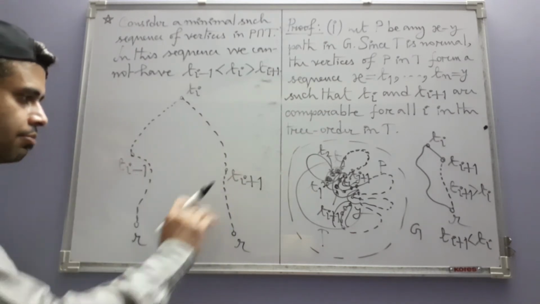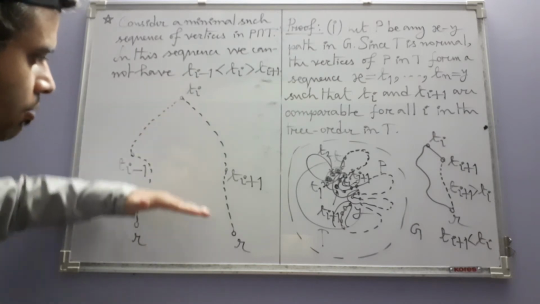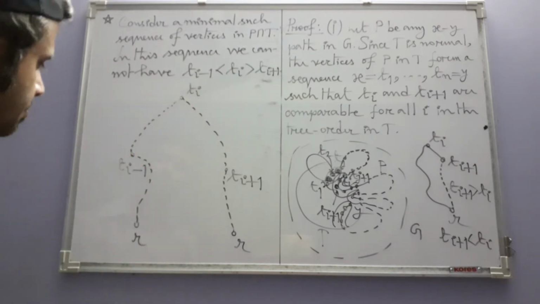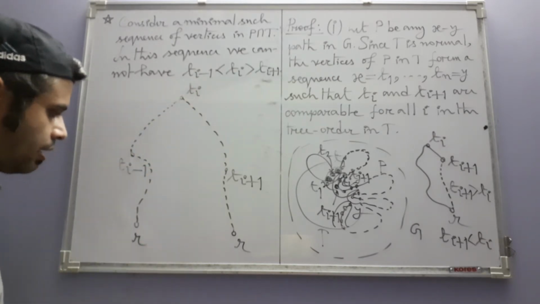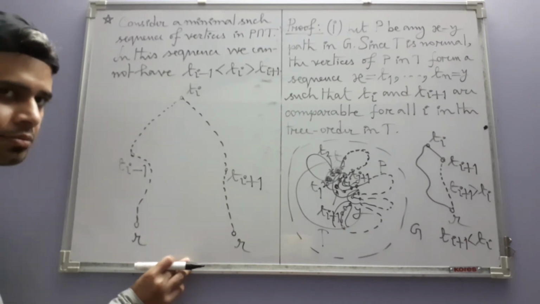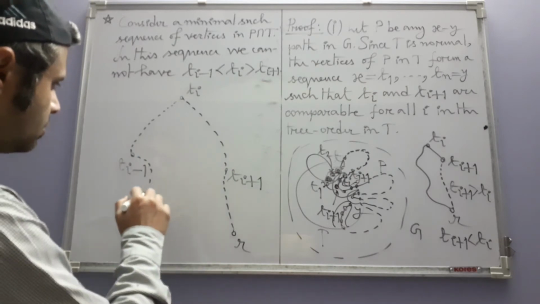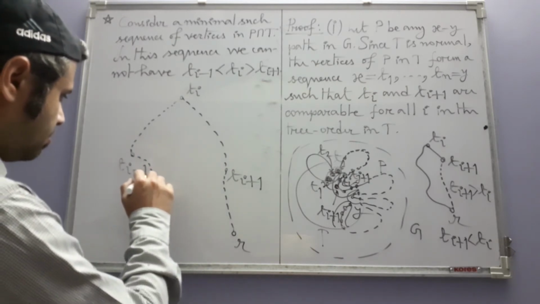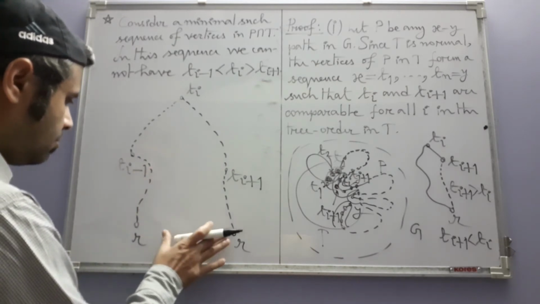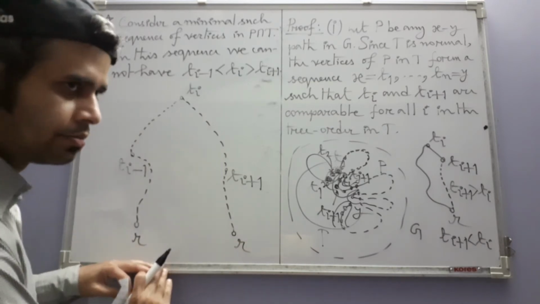Ti minus 1 and Ti plus 1 are both at lower levels than Ti with respect to R, but this is a single vertex, no? So that's why, okay, these two coincide.